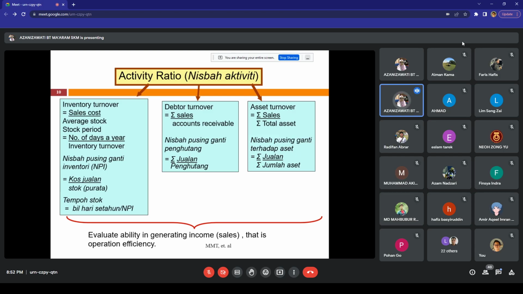So you don't need to memorize all these formulas because this is an open book exam. But when we calculate the ratio, you have to know where you should get the value. So the activity ratio is to evaluate the ability in generating income from sales, that is operation efficiency.